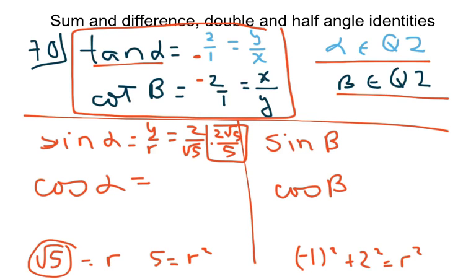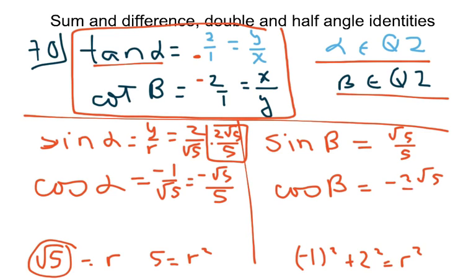Cosine is going to be x over r, for alpha, is x, which is negative 1 over root 5, which just equals negative root 5 over 5. Now for beta, it just gets switched. So sine of beta is root 5 over 5, and cosine of beta is negative 2 root 5 over 5.